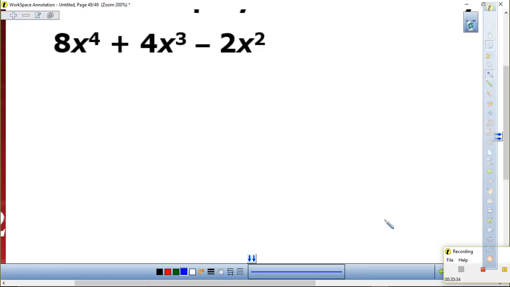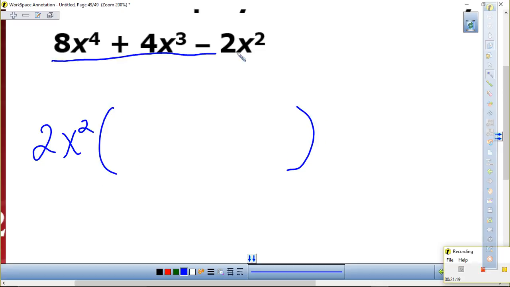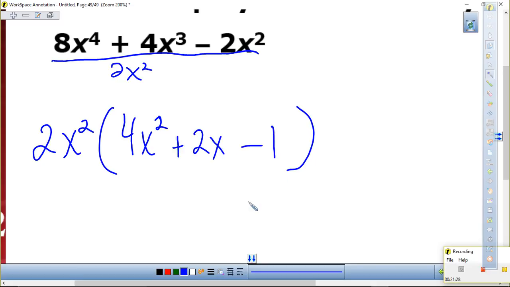What is our GCF, Matthew? I got 2x squared. Hands if you got that. That is correct. So we're left with 4x squared plus 2x minus 1. Hands if you got that.